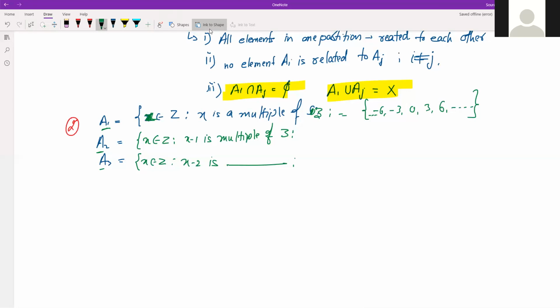That means you have all those elements which give 1 as remainder if we divide by 3, and then something which gives us 2 as remainder when divided by 3. If you divide something by 3, you will get either 0, 1 or 2 as remainder.